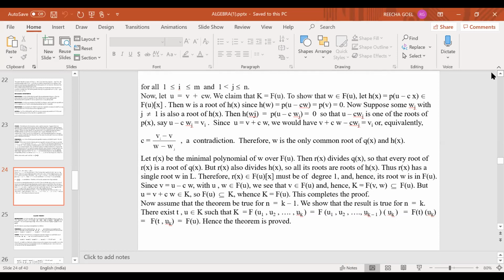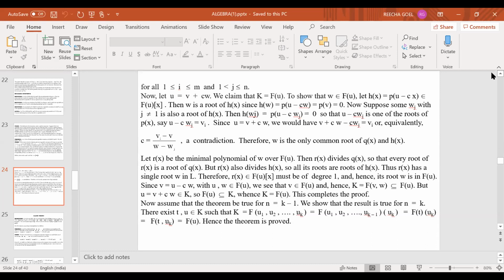Then h(wj) will be nothing but p(u - c wj). And we have assumed that wj is a root of h(x). Therefore, h(wj) should be equal to 0. So this implies p(u - c wj) equals 0. That is, u - c wj is a root of p(x), and p(x) has all distinct roots.